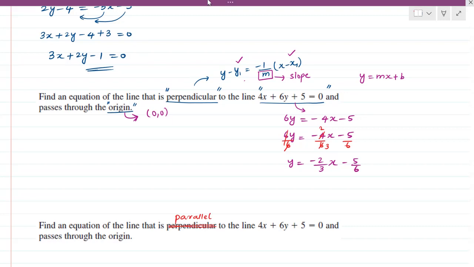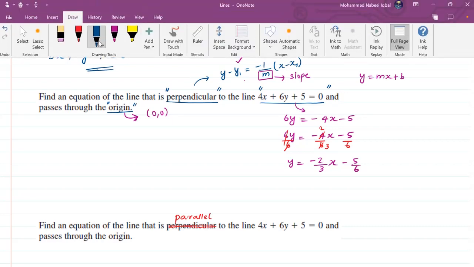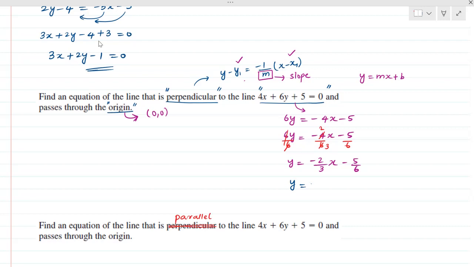If you compare with the standard form, what is the standard form of the intercept? y equals mx plus b. So I will compare the m. What is m here now? The m value is equal to minus 2 over 3. So I got the m as well. So m is minus 2 over 3 and the point is 0, comma 0.